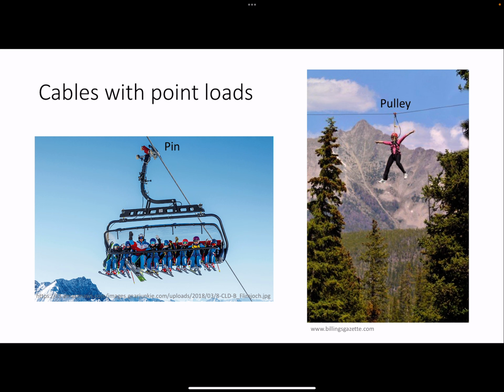And the pulley type is a little bit different. It's one cable segment, really. The tension doesn't change between the two ends, so it's the same magnitude tension for the entire length of the cable. But it's a much more complicated analysis, so we're not going to do that in this class.